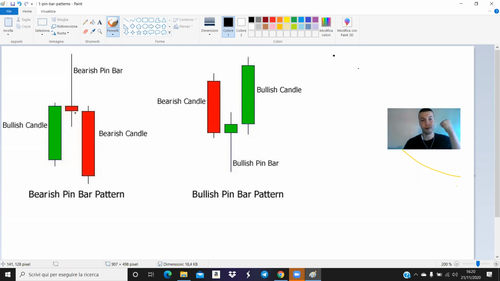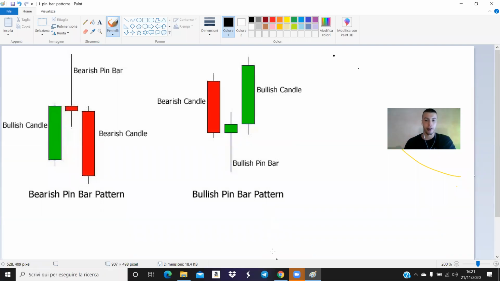This shows that after the bulls tried to push the market up, the bears took control and pushed it back down. So the bears are in control right now. Vice versa on this one: the bears tried to push the market to the downside to break below support, to break below a trend line, but the bulls took control of the market. We pushed back up and we were able to continue to the upside.